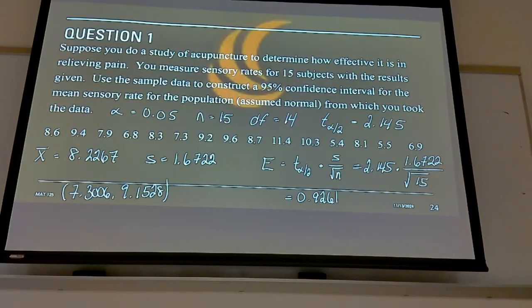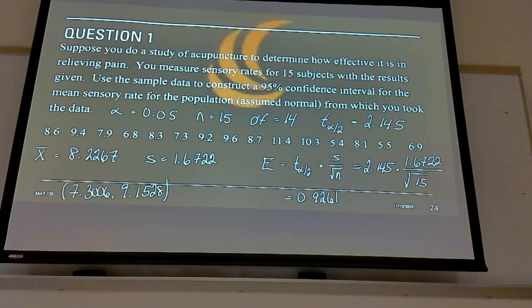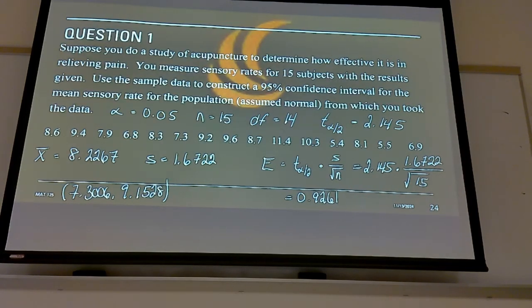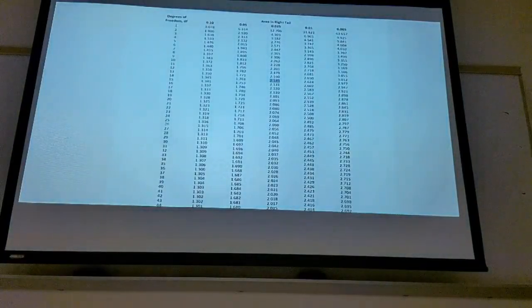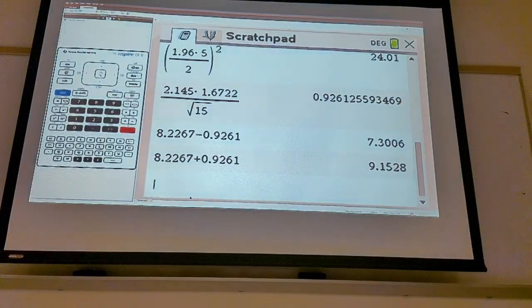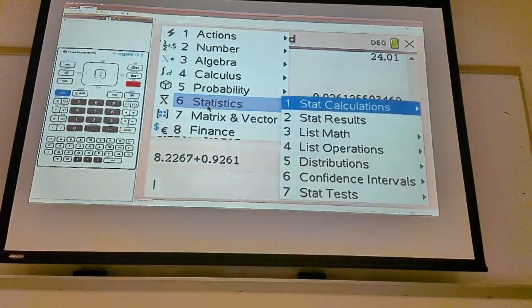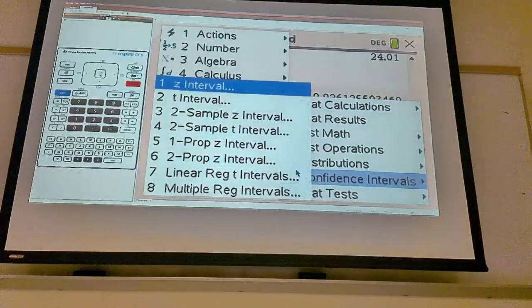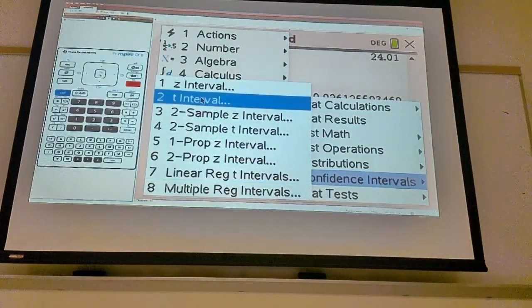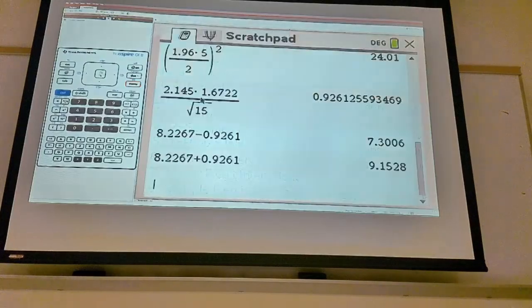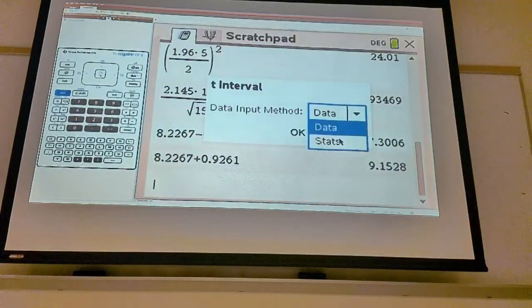Oops, wrong screen. There we go. That's the one I want. So we're going to go to the same place, except now you look at the T interval instead of the Z interval. Again, I want stat. All right, so now we just enter the statistics.